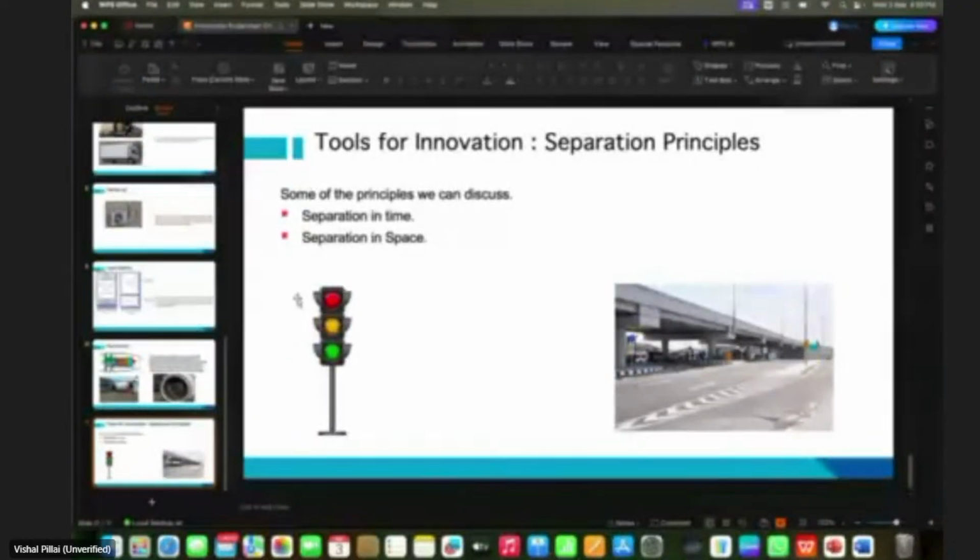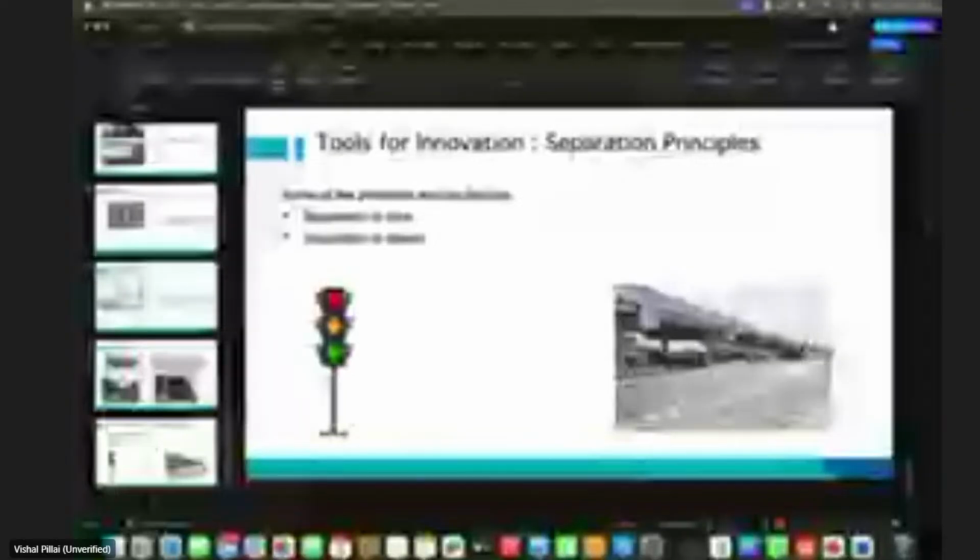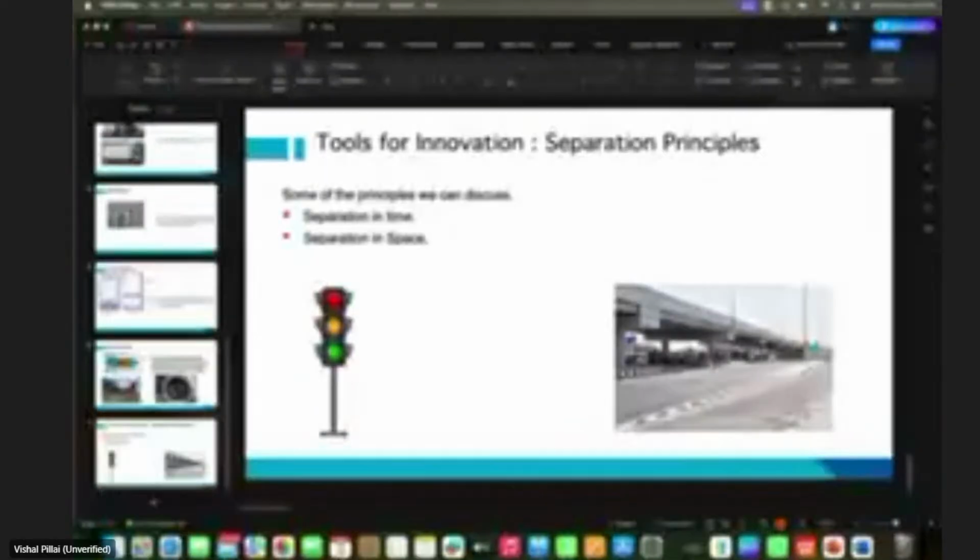Then there is separation in space. You are able to see flyovers, which is how you separate in space. If you miniaturize these flyovers to an element as small as a chip, you'll find the same principle being used in a chip as well. Separation in space is also used in a very small chip.